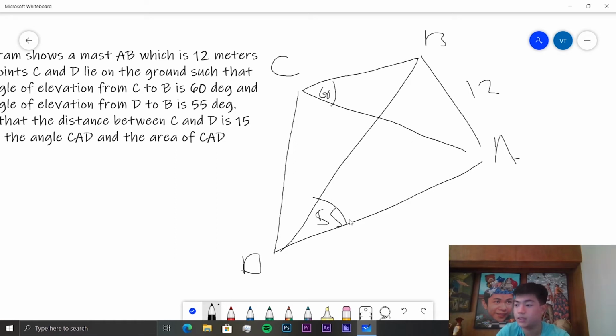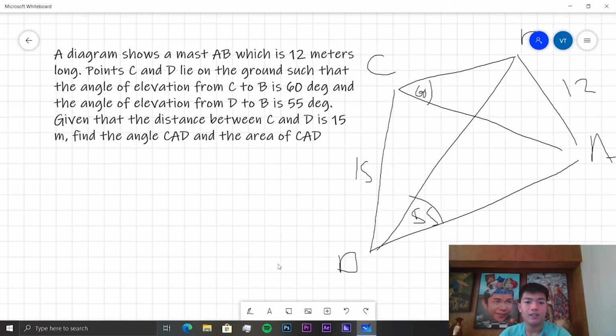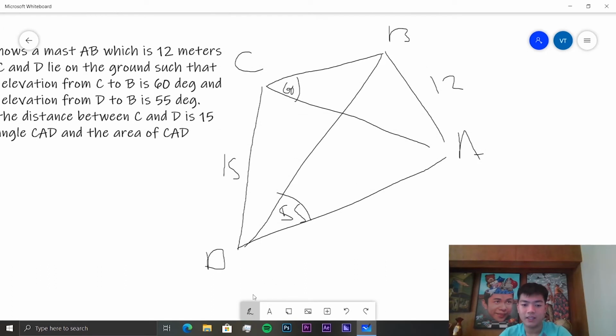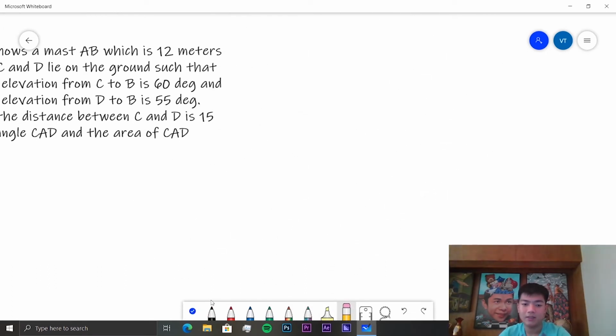Not to scale, obviously. And this is also 15 meters. Oh, this is a pyramid. Oh, this is weird. Okay. Sorry, let me draw this a bit better. I understand it now.